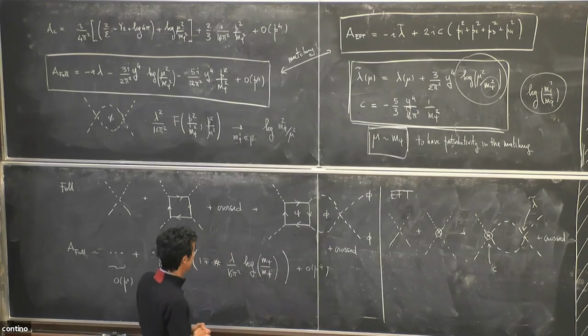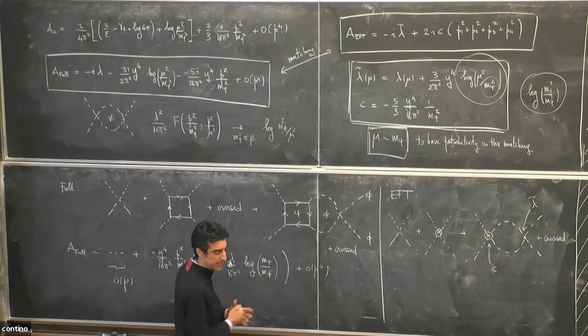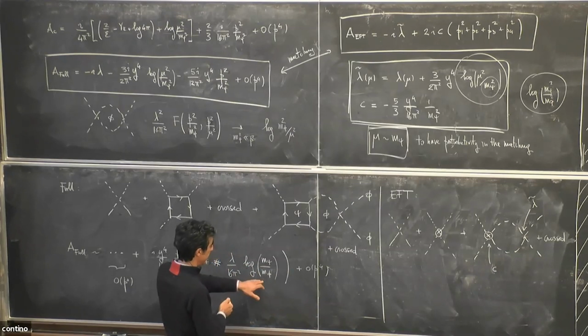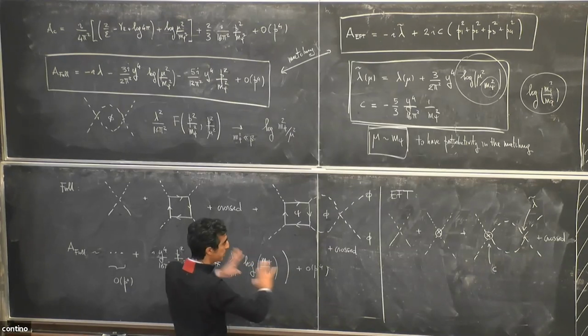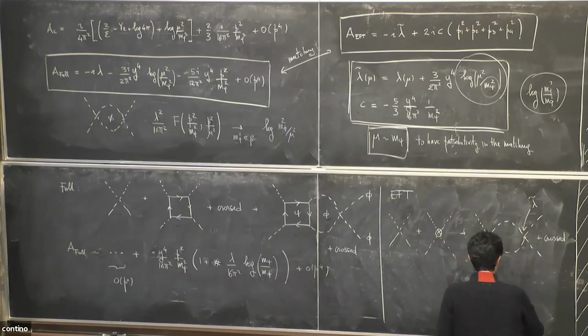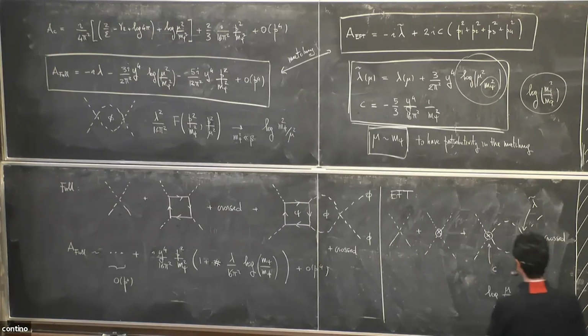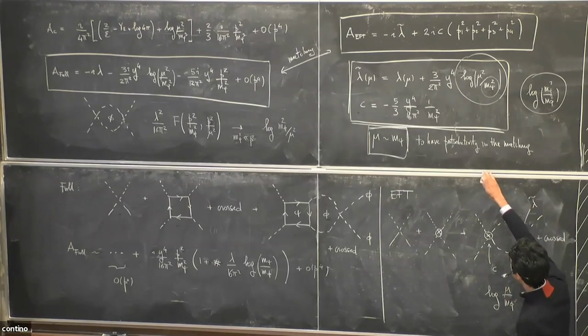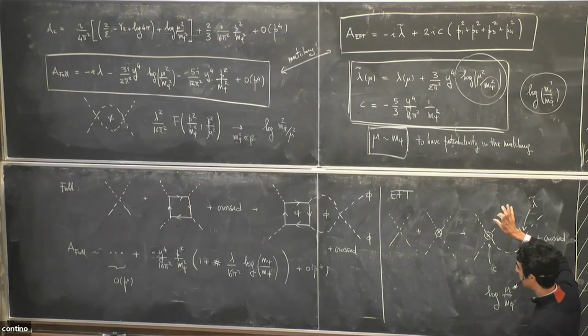And now you start understanding what's going on, because this big log is split into a log of mu over m phi in the effective theory. We will see it tomorrow. And in the matching instead you will have a log of m psi over mu.